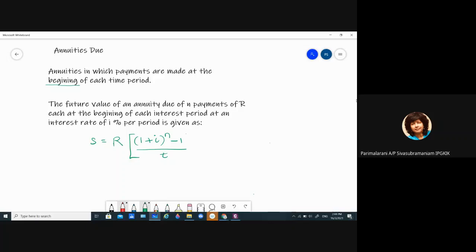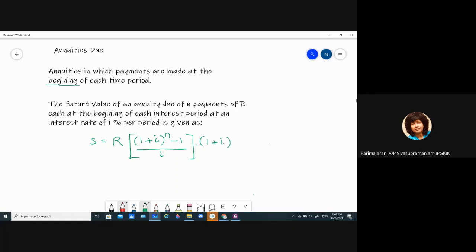This part of the formula is exactly the same as ordinary annuities. For annuities due, you need to multiply with 1 plus I.